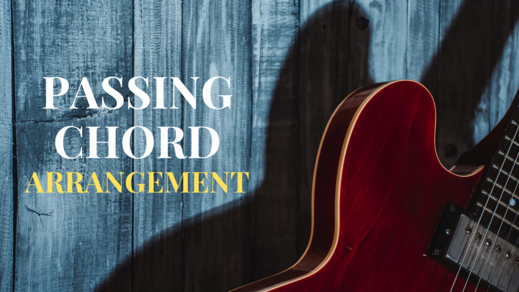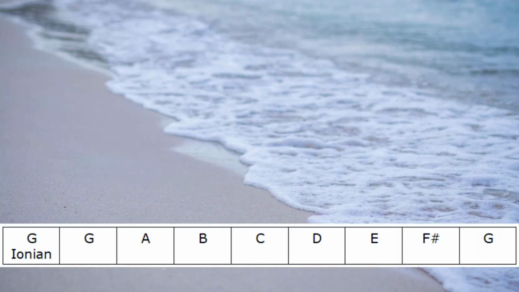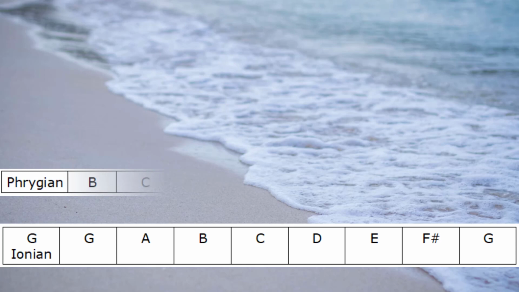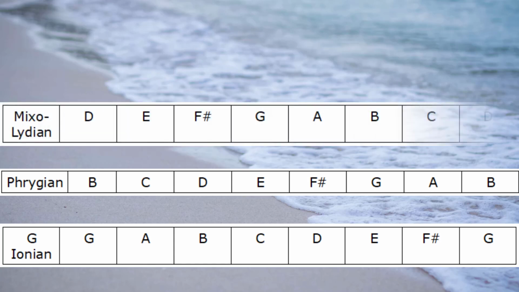So if you're a person that thinks in terms of modes, one way of describing this would be we would take the Ionian mode, the G Ionian mode, then we'd overlay the B Phrygian scale, that'd be the G scale starting on the 3rd note, and then overlaying those two modes with the D Mixolydian, that would be starting on the D note in the G scale, and then one more layer, the F sharp Locrian.